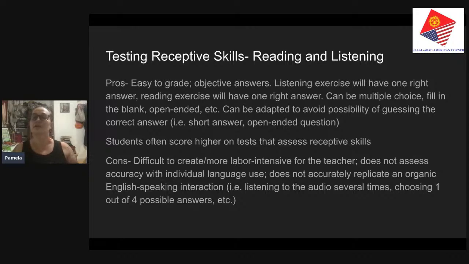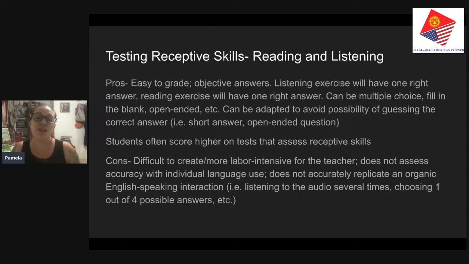But again, it's right or wrong. It's very easy. Like they either know that the person who is going to the train station at 2:00 is Maria, or they don't know that, or that the person who wants the job is Juan, and whatever. If they know it, they know it.